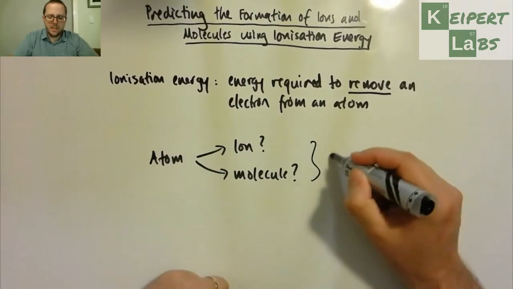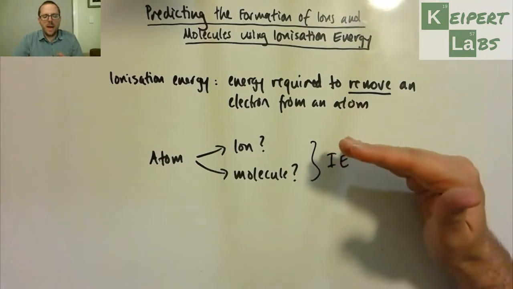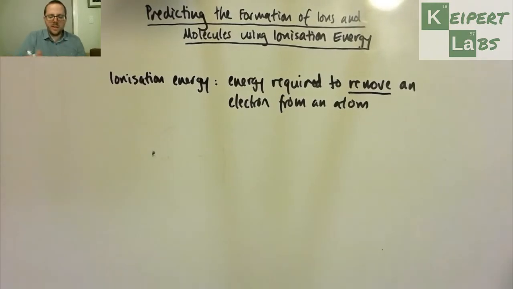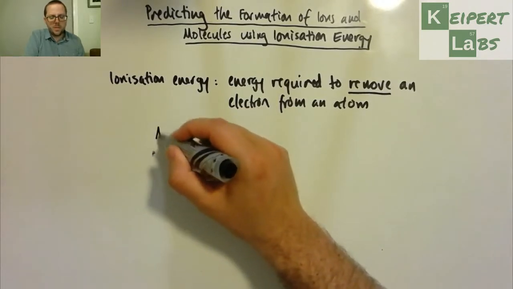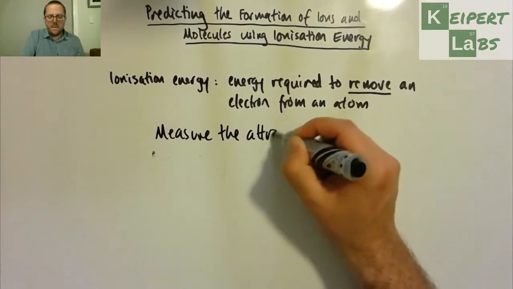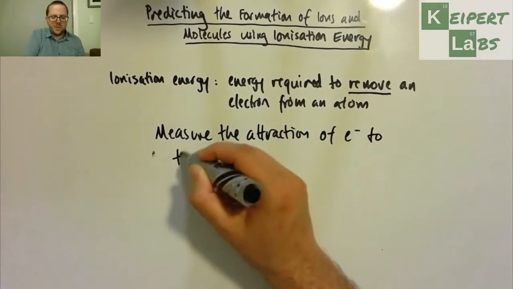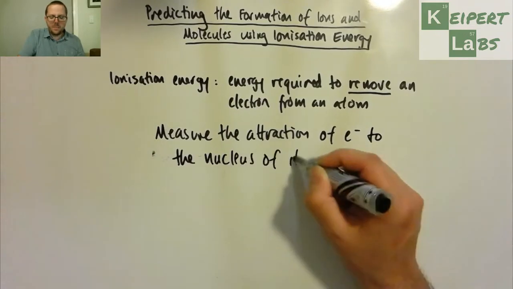So in this video, we're going to look at using ionisation energy to predict this, because we've seen that it's related to how easily electrons are taken away from an atom, so we can use it to measure the attraction of electrons to the nucleus of its atom.